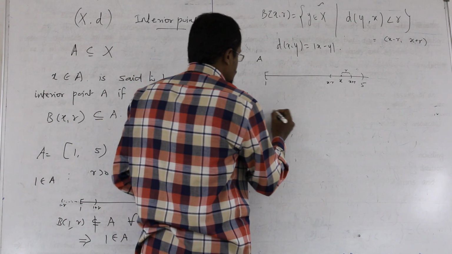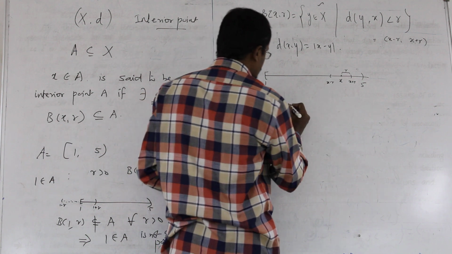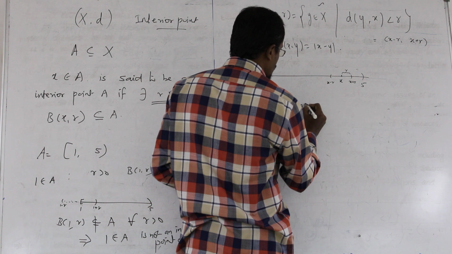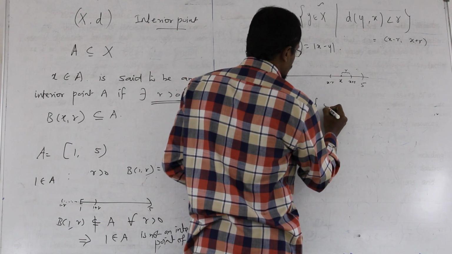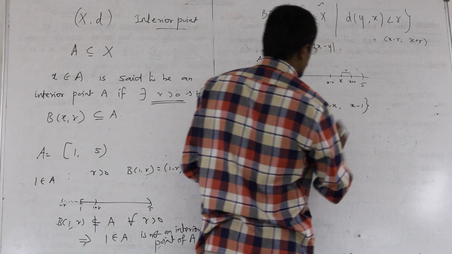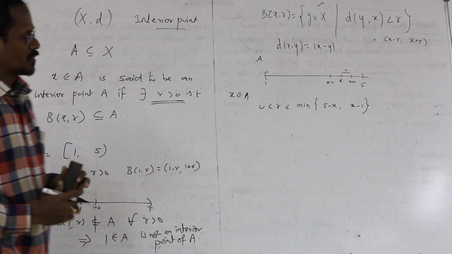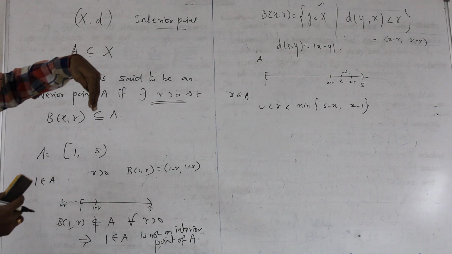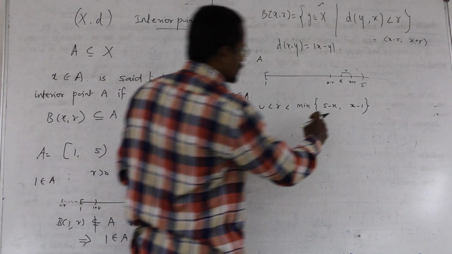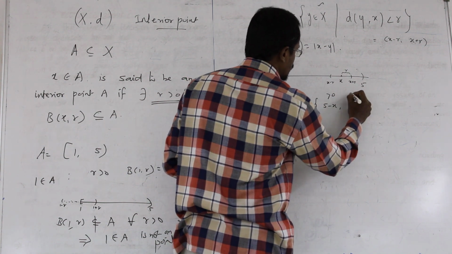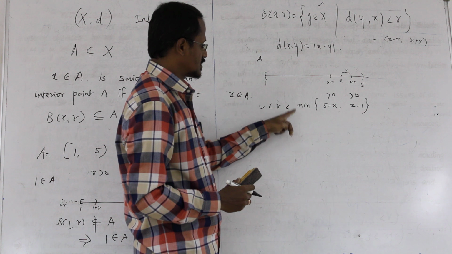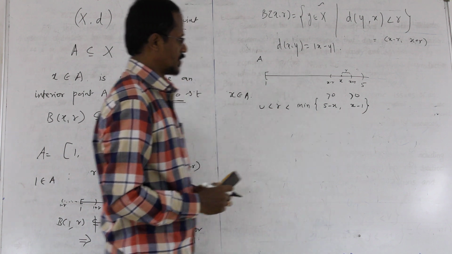So I choose r to be a positive number less than the minimum of 5 minus x and x minus 1. Both are positive, therefore the minimum is positive, and you choose a number less than that minimum.